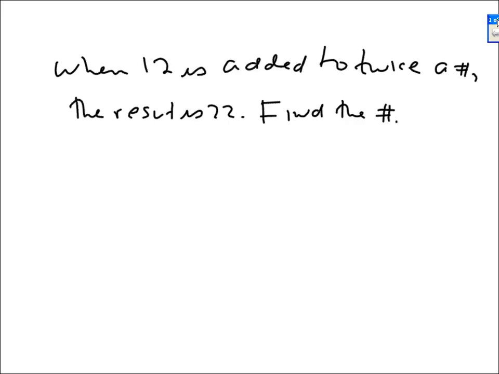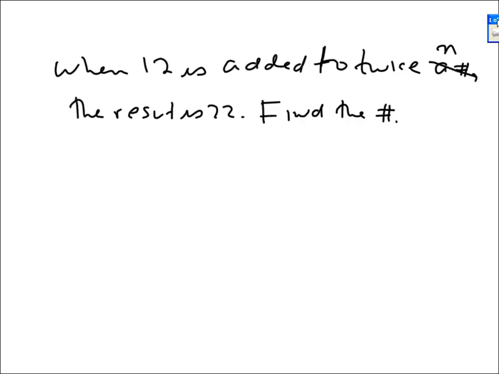A number we'll call n. You can call it x, you can call it y, you can call it some letter from the Greek alphabet, you can call it Harvey, call it whatever you like. It's just a name. Just don't call it 7.